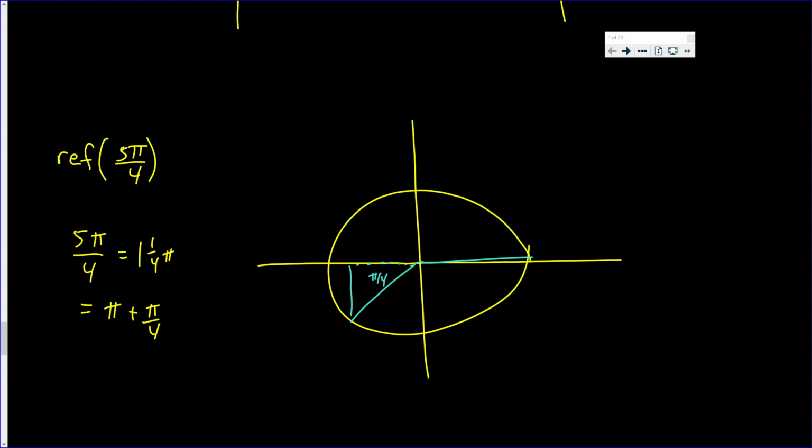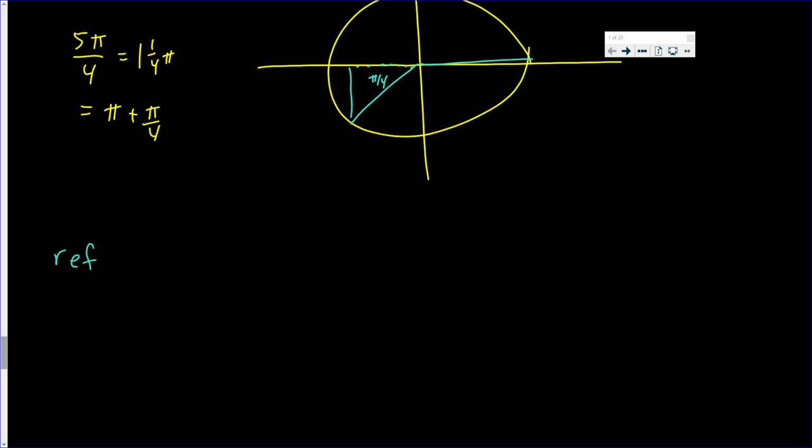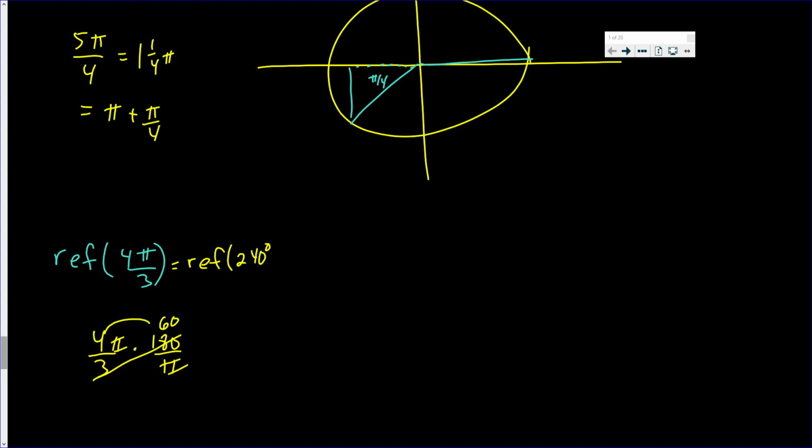And the next problem is, what about 4 pi over 3? What is the reference angle of 4 pi over 3? Well, it's 4 pi over 3 times 180 over pi. Pi's are going to cancel. And 3 goes into 180 60 times. 4 times 60 is 240. So we want the reference angle of 240 degrees.